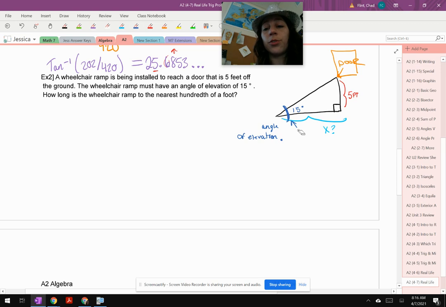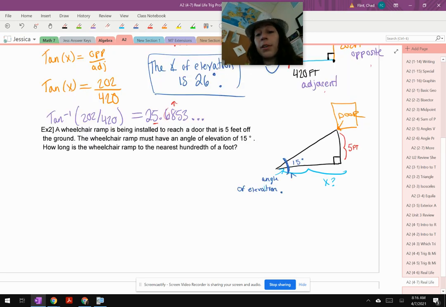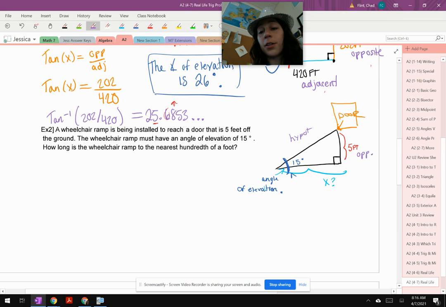Now we need to label our sides based on that angle that they give us. They're giving me this 15, so across from my right angle, as always, is my hypotenuse. Across or opposite of the 15 is over here, and my adjacent is that missing piece over here.